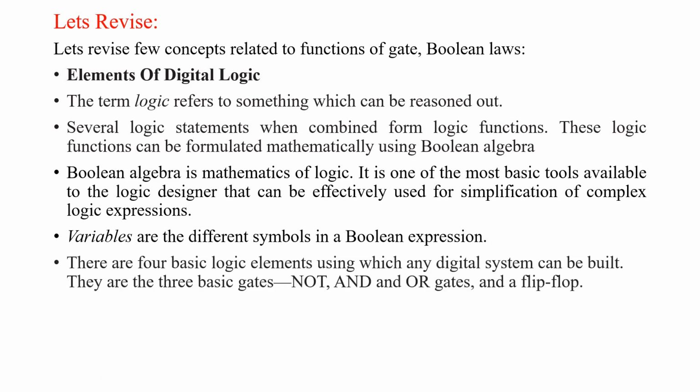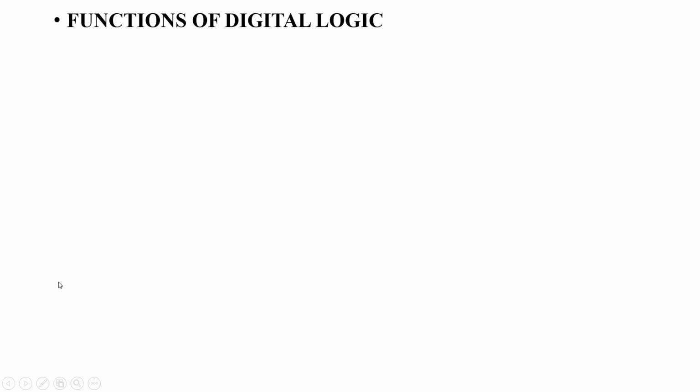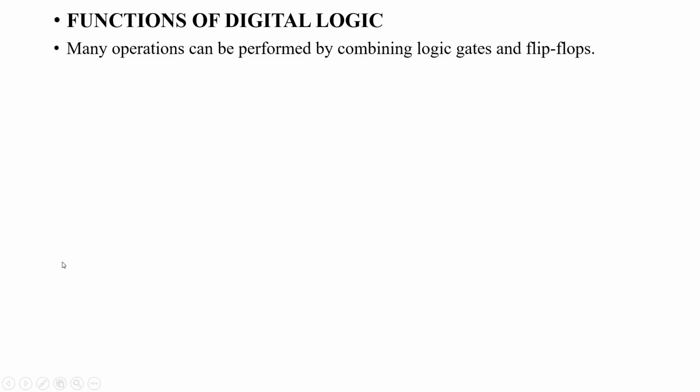There are basically four types of basic logic elements we can work on. The basic three gates are the NOT gate, AND gate, and OR gate, and a flip flop. So let us try to understand the functions of the basic digital logic.